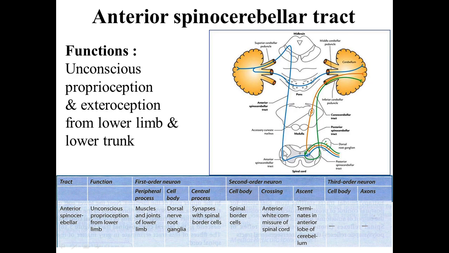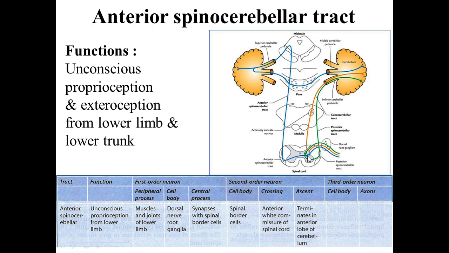spinocerebellar tract. Now the peripheral processes of the first order sensory neuron arise from the muscles and joints of the lower limb. Then they enter into the dorsal root ganglia, and the axons of these dorsal root ganglia enter into the gray matter of the spinal cord.